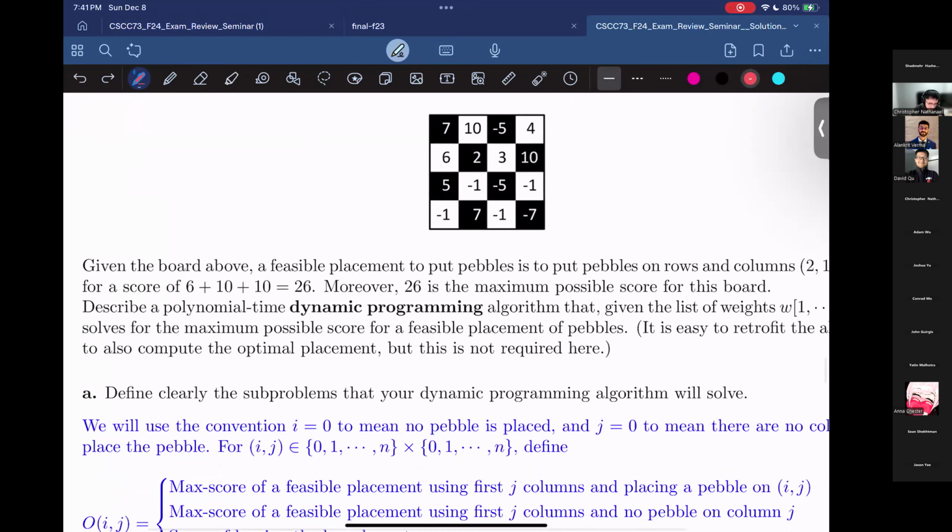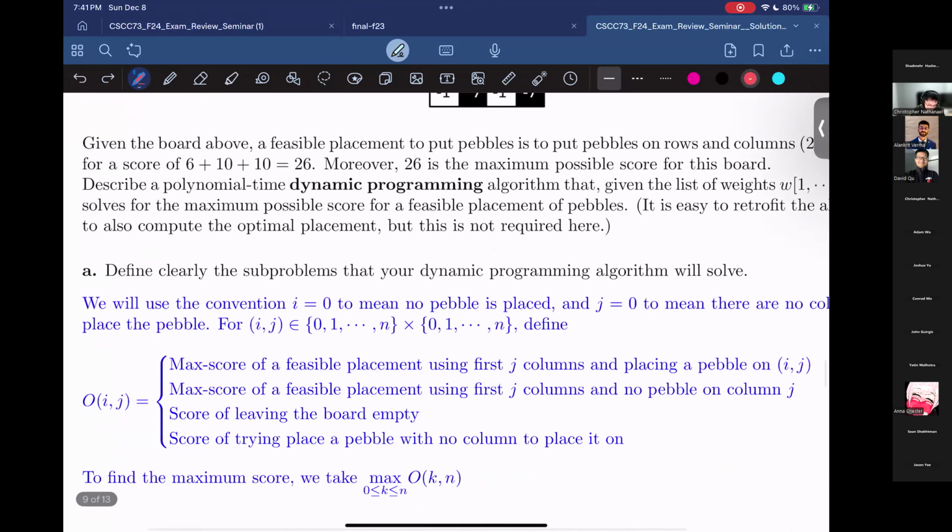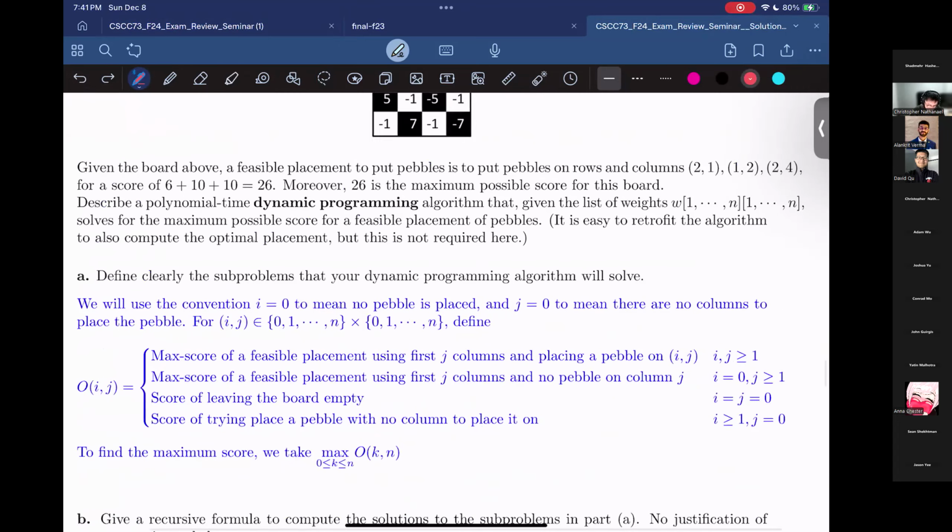So for i, j between 0 to n, for both, we define the subproblem O of ij for the normal case, when both of them are at least 1. It's the maximum score of a feasible placement using the first j columns and placing a pebble on ij.